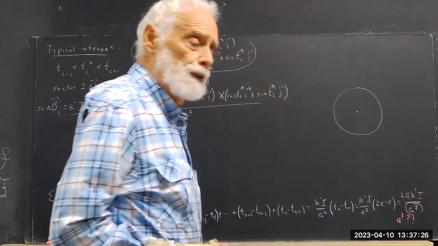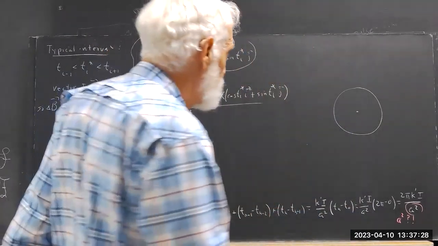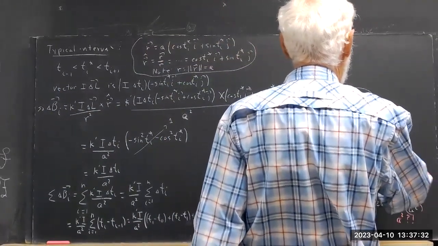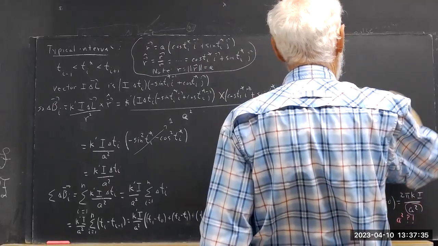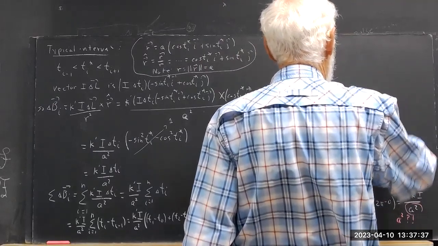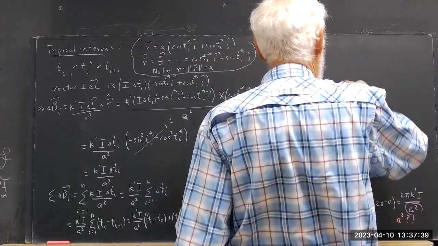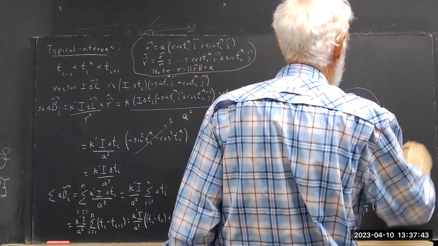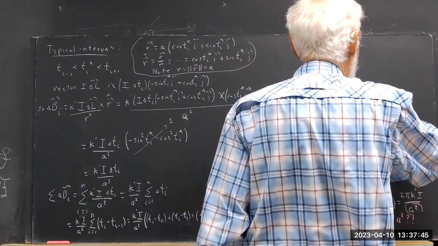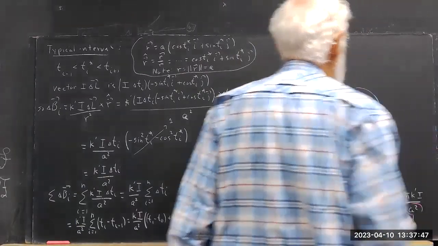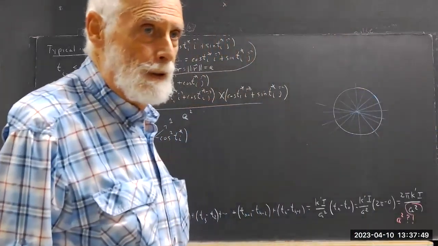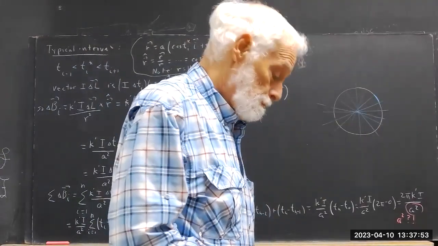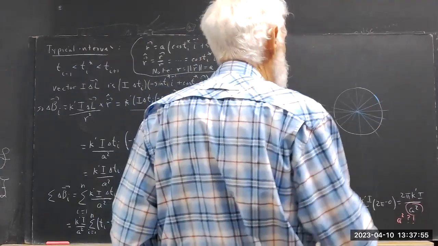What I'm gonna do is divide this up into a bunch of equally spaced increments, each of which is modeled by a straight line.